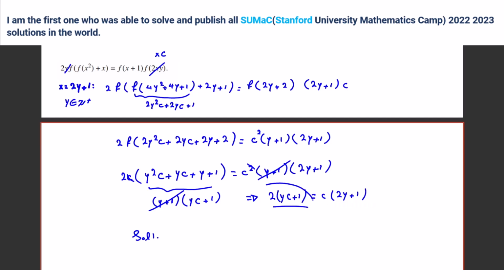And this is a polynomial in terms of y, and the degree is 1, right? When two polynomials are equal to each other for more than the maximum of their degrees, here the maximum degree is 1, for more than that many values, then we can say corresponding coefficients are equal. Do you know this point?